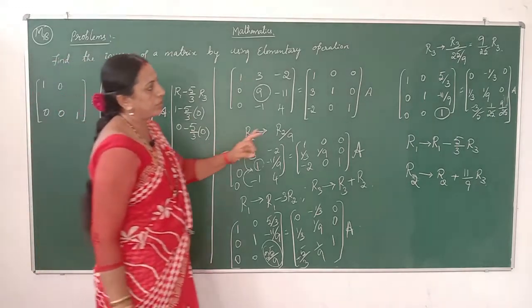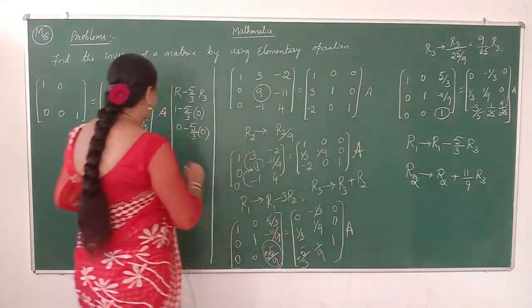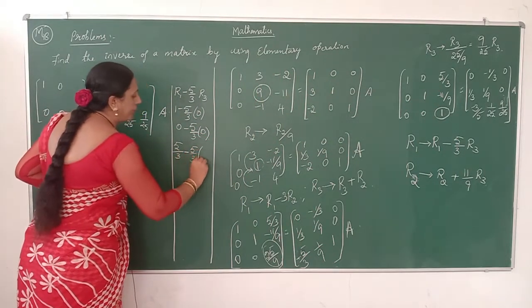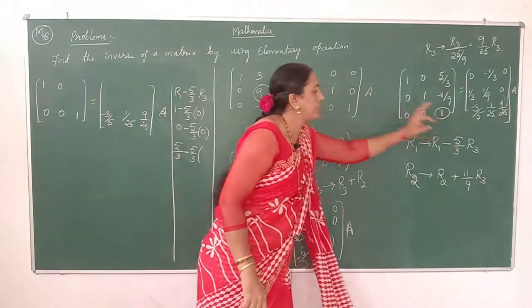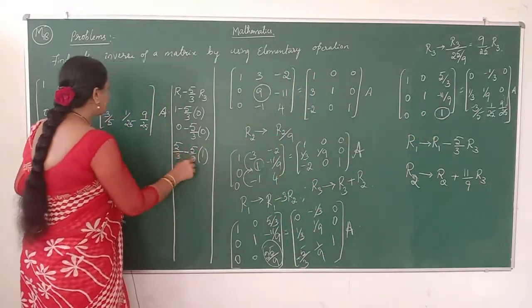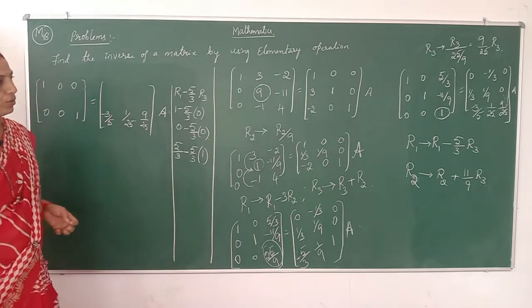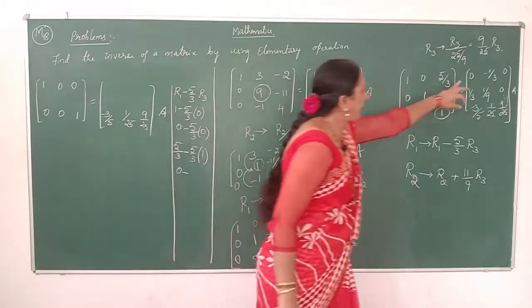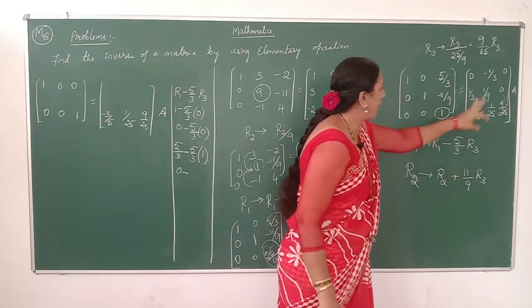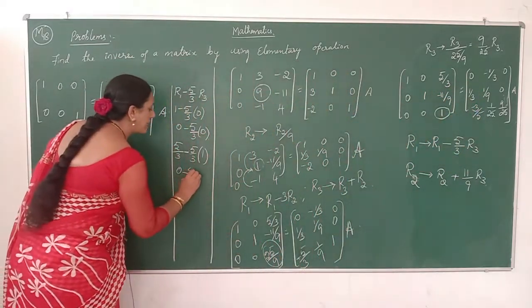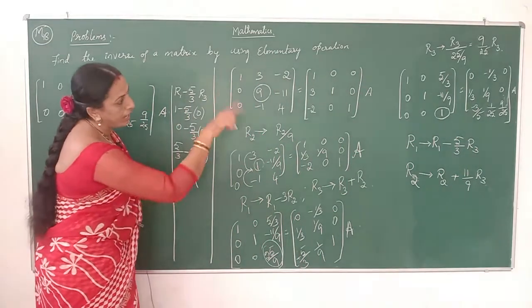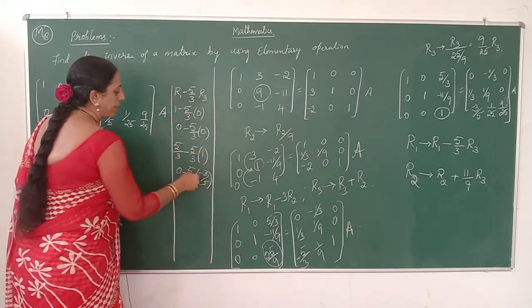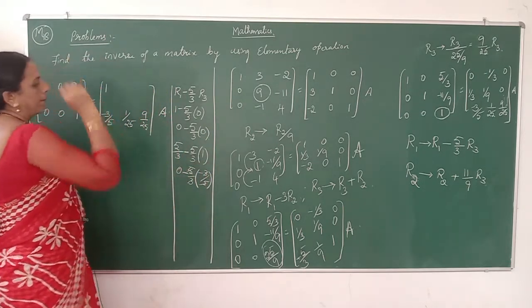And the third element: R1 is 5 divided by 3 minus 5 by 3 of the corresponding R3, which is 1. That is 5 by 3 minus 5 by 3 is 0. Similarly, in the RHS, R1 is 0 minus 5 by 3 of R3, which is minus 3 by 5. After simplifying these two, minus into minus is plus 1.